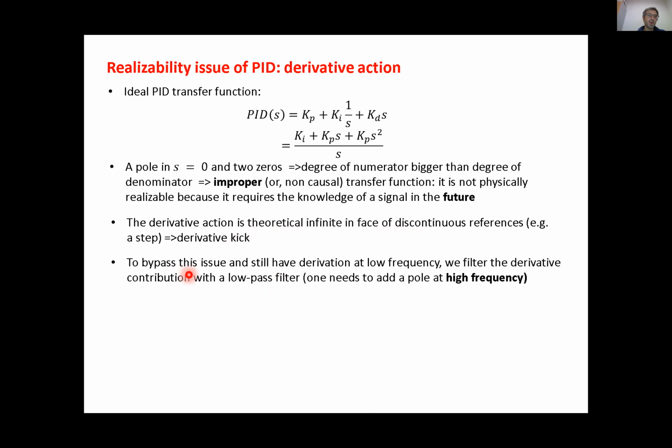To bypass this issue and also make the system realizable, what people do is filter the derivative contribution with a low-pass filter. We saw that the first order filter is just adding a pole, and we add this pole at high frequency, because this way the attenuation effect of the pole will not affect the differentiation at low frequency.